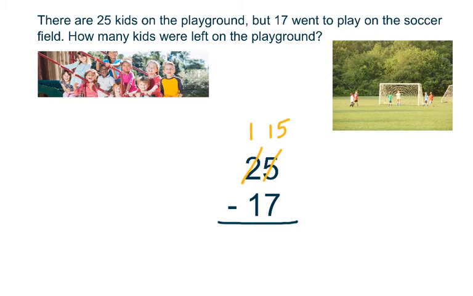Now we have enough ones to take away 7. How much is 15 minus 7? For this, remember, we count from 7 to 15 and see how much we get.